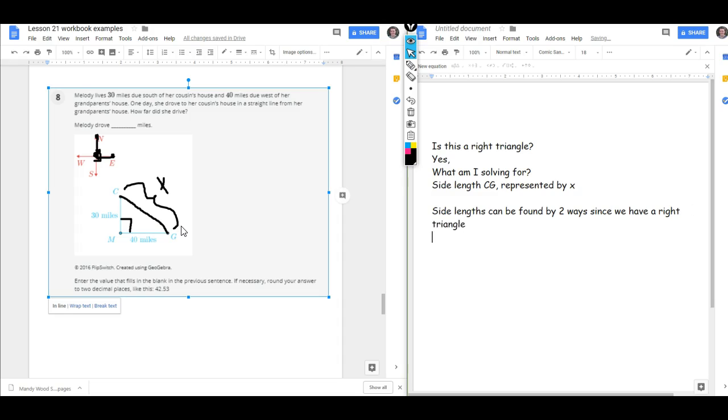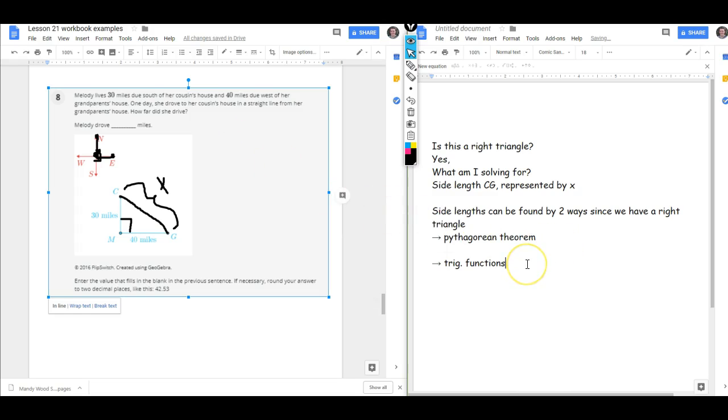One of the ways is the Pythagorean theorem, and the other is the trigonometric functions, or trig functions.